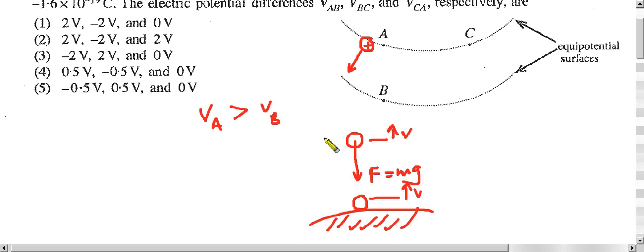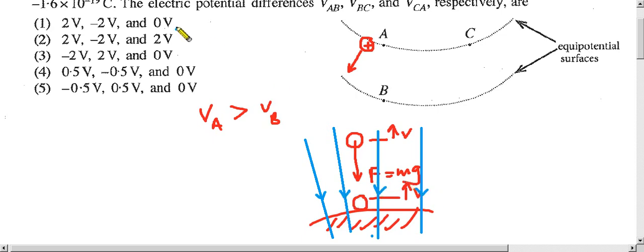The force lines are then towards the earth, towards the ground. The force lines are directed from higher potential to lower potential. The same way, if we draw force lines, they will be perpendicular to the equipotential surfaces, and also from higher voltage to lower voltage.